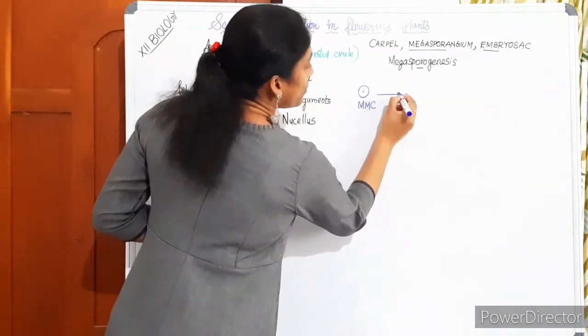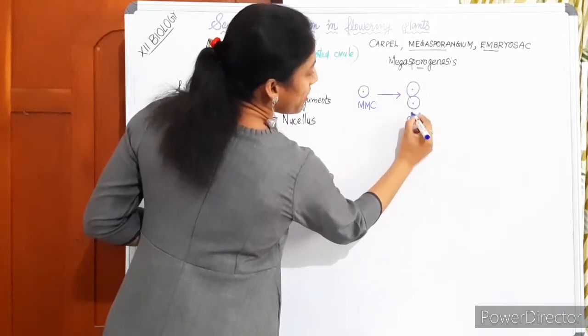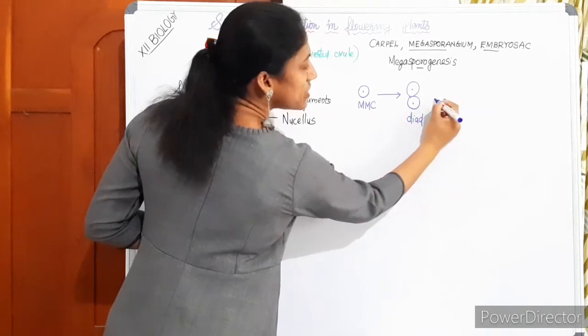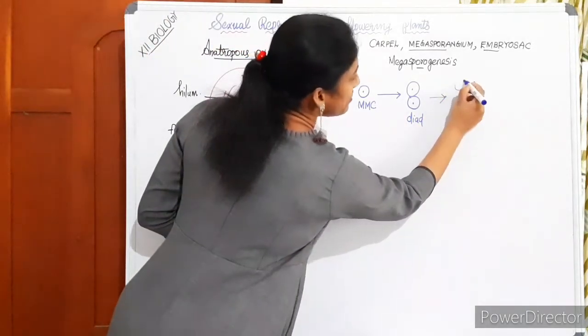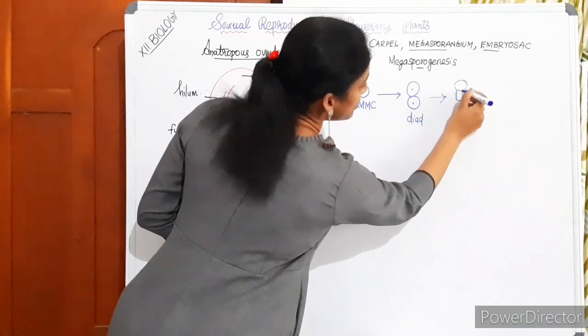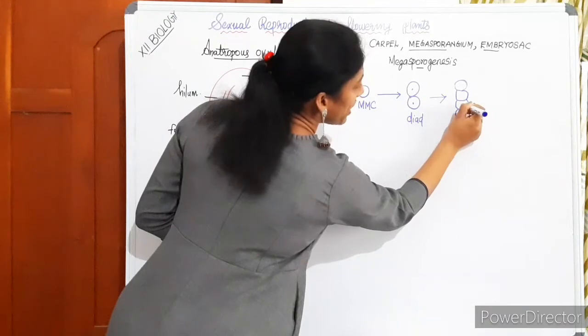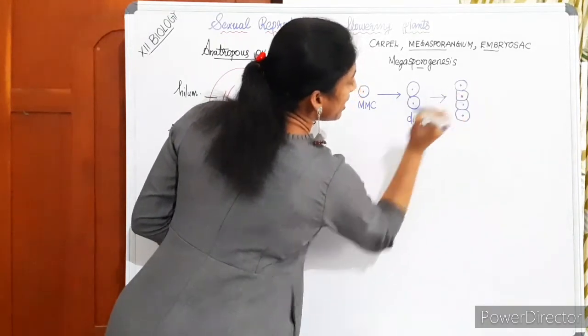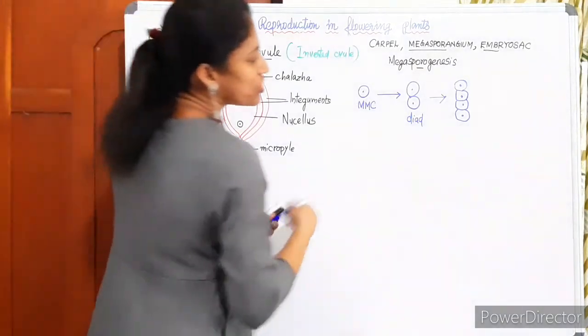This cell undergoes meiosis 1 to form two cells, that is the megaspore dyad. It completes meiosis 2 to form a linear tetrad. Earlier in microsporogenesis you saw a tetrahedral tetrad. Here a linear tetrad is formed.